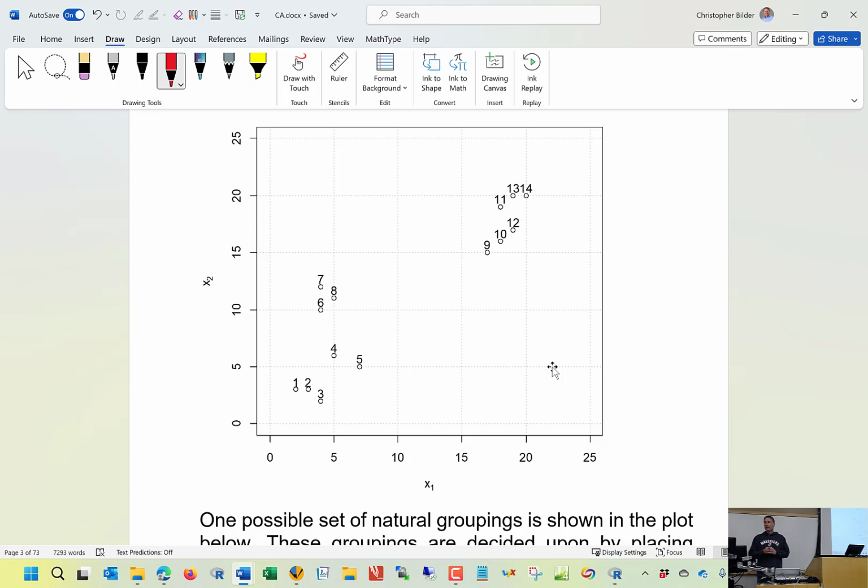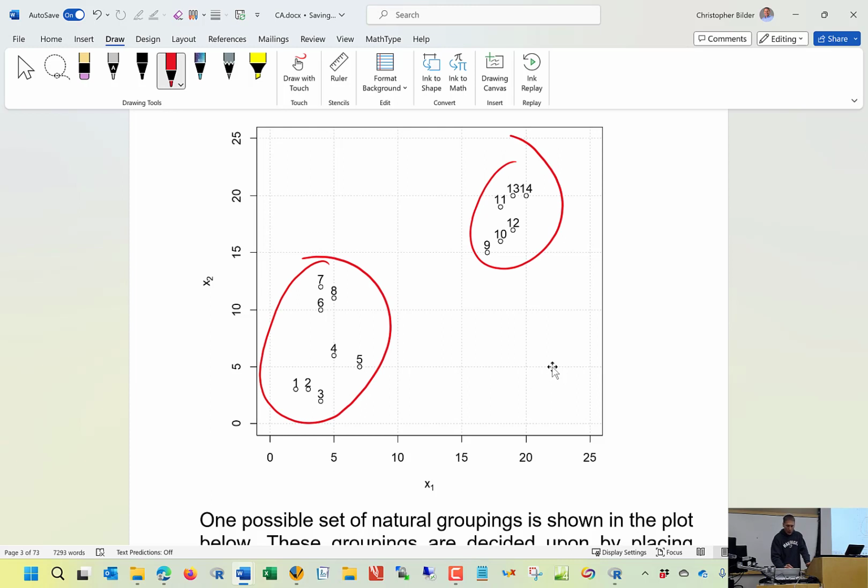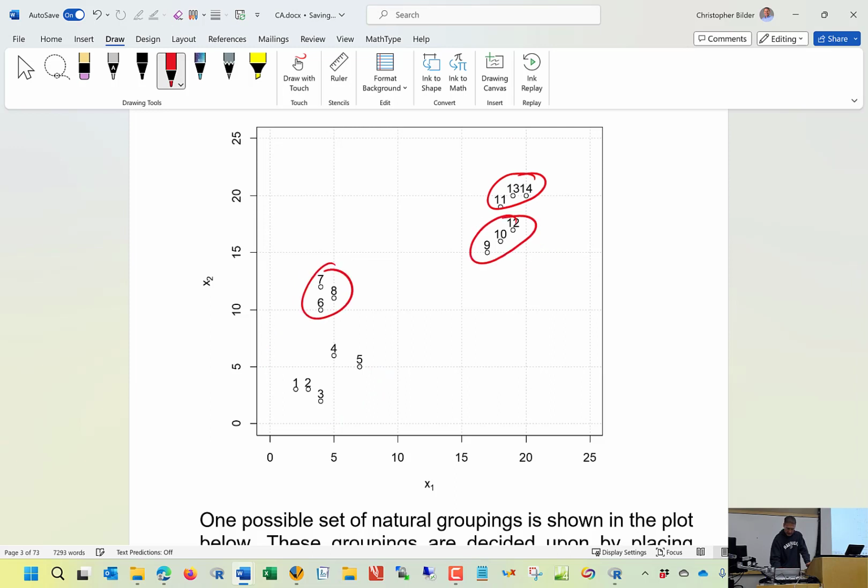Some of them could be grouped together. A natural grouping would be this and this, or maybe this, this, and so on. Each of these groupings in cluster analysis is called a cluster.